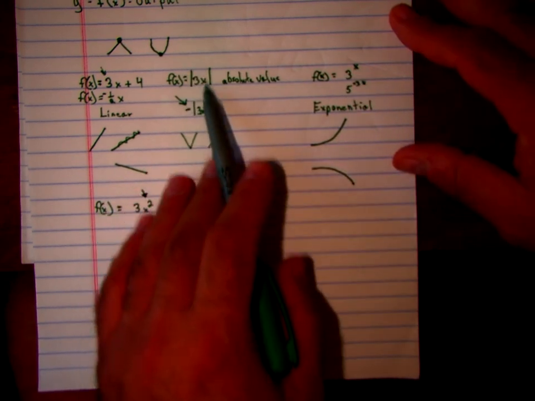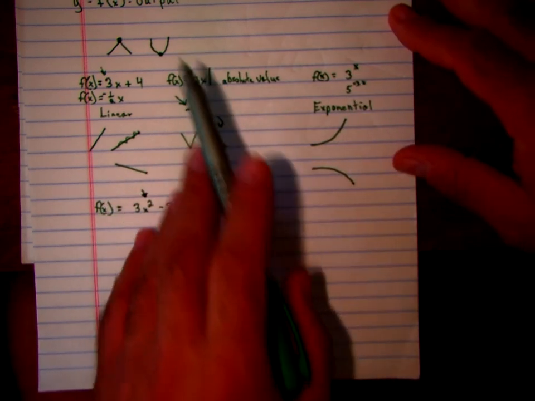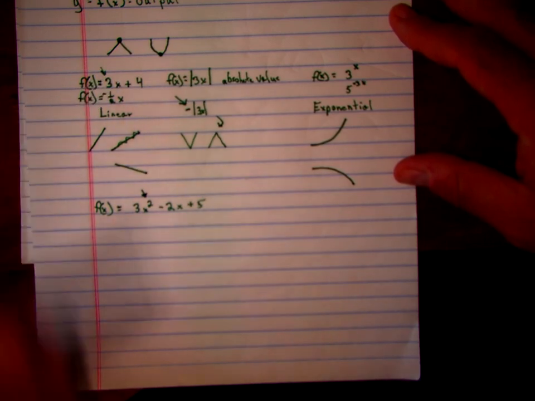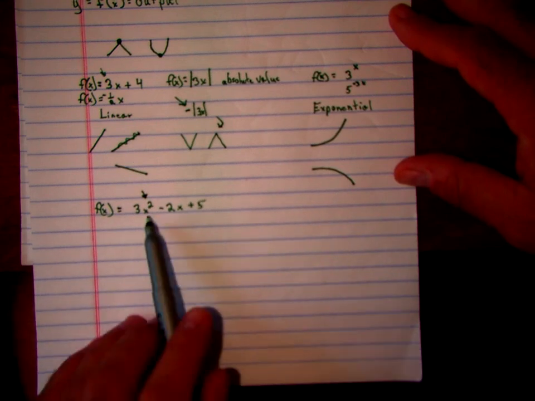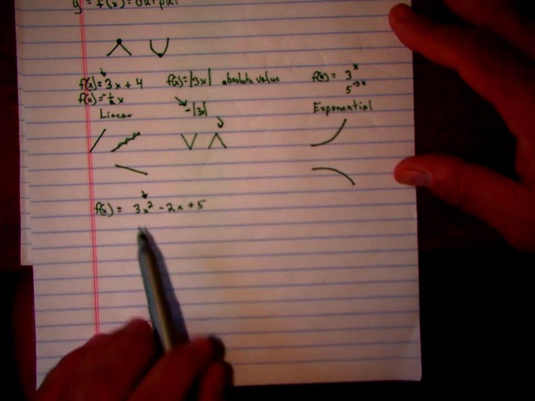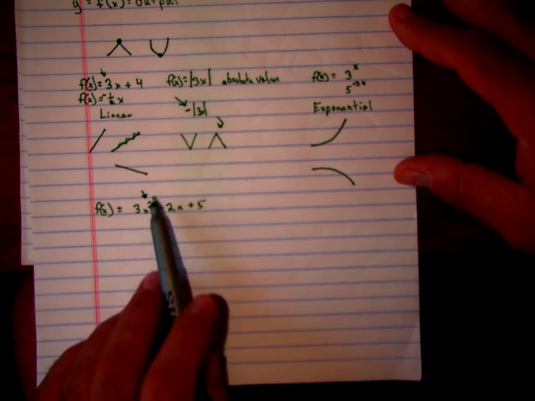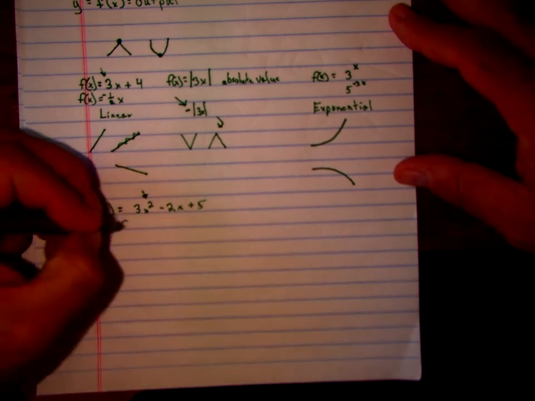The x is inside the absolute values. It's an absolute value function. The x is all by itself. There's nothing attached to it, so that's linear. Well, this time, there's a squared attached to it. And any x with the squared, okay, anytime it's raised, this is called quadratic.